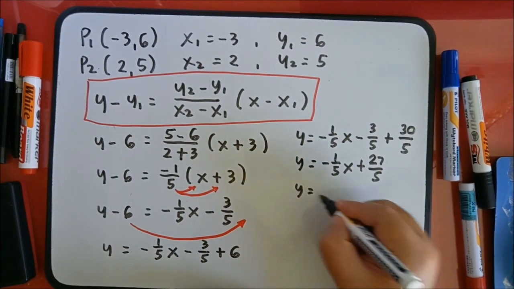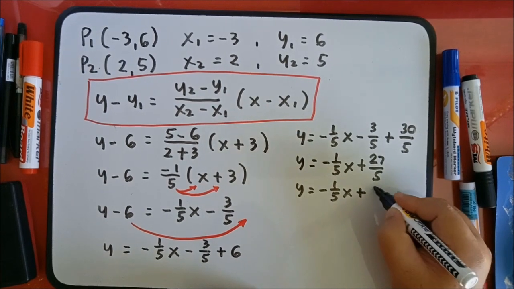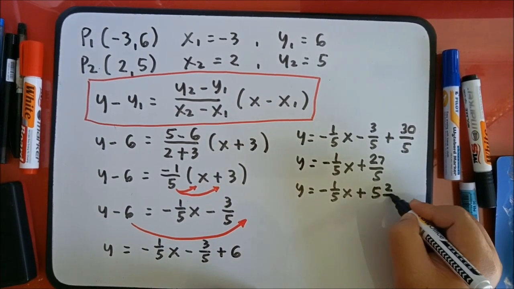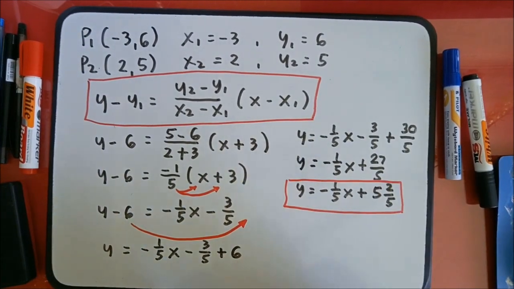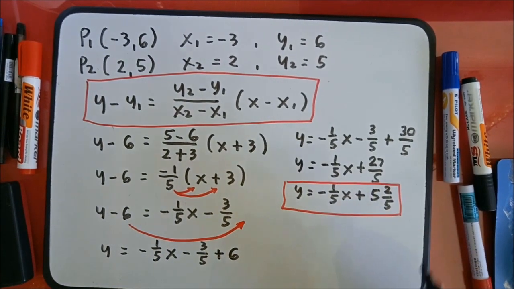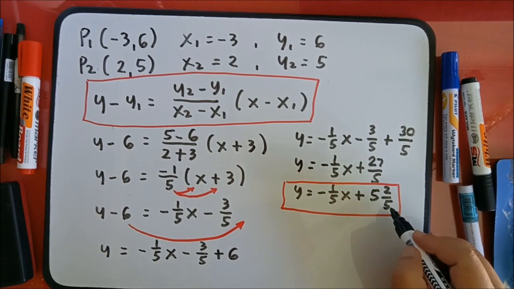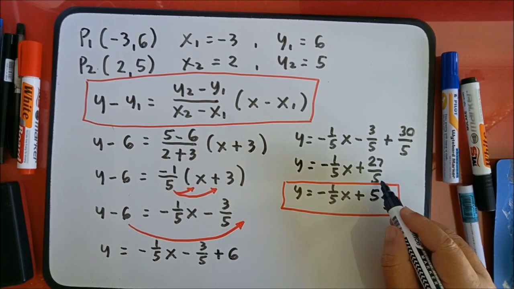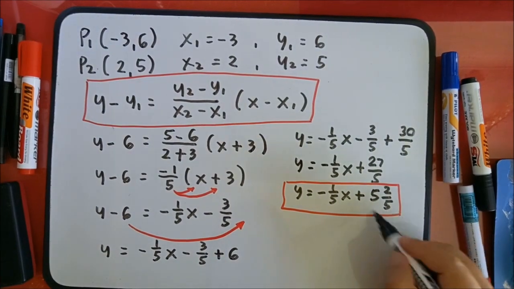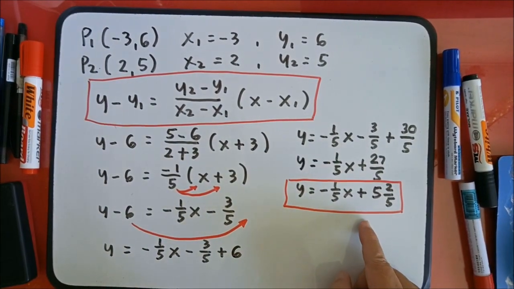Y is equals to negative 1/5 x plus 5 and 2/5. Okay. Sir, bakit kinonvert mo pa sa 5 and 2/5? Kasi mas madaling i-plot. Mas madaling i-plot ang 5 and 2/5 kaysa 27 over 5 doon sa graph. Mas madaling i-plot.